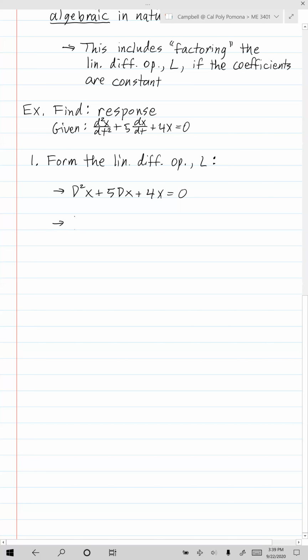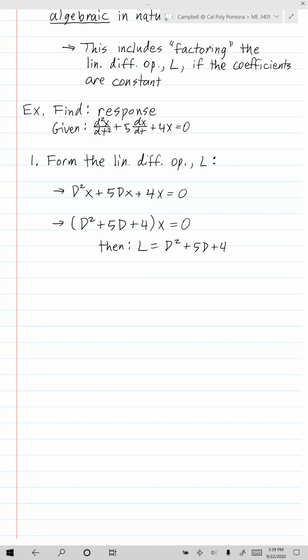So now, again, factoring out our x, we get D squared plus 5D plus 4, all that times x, and all of that is equal to 0. And we can then say that, of course, because we want the linear differential operator, that's just everything multiplying that x, so D squared plus 5D plus 4.